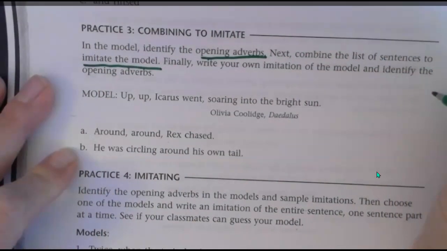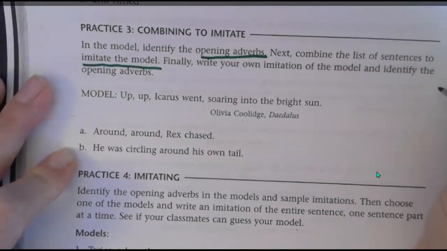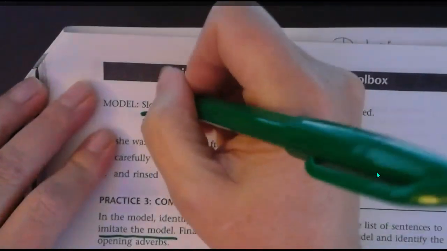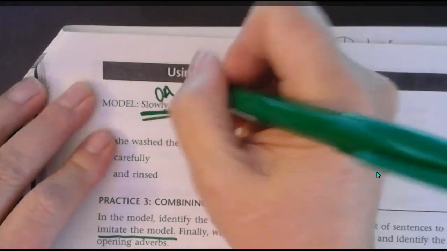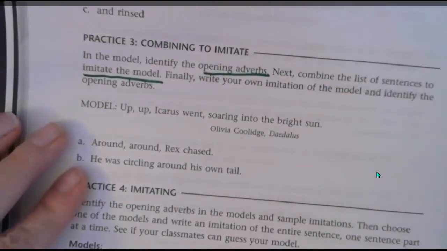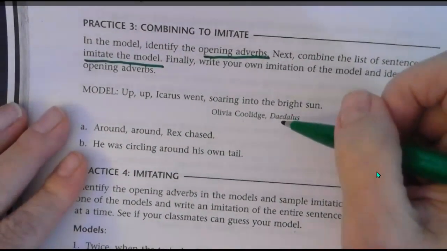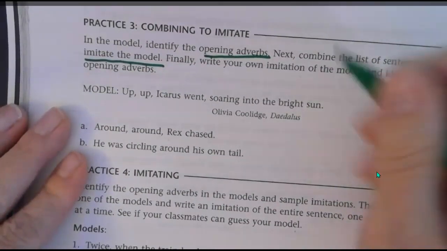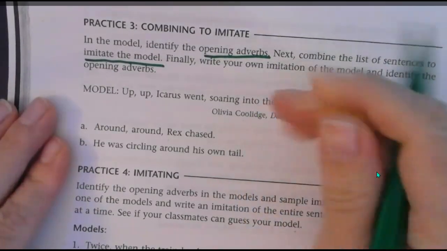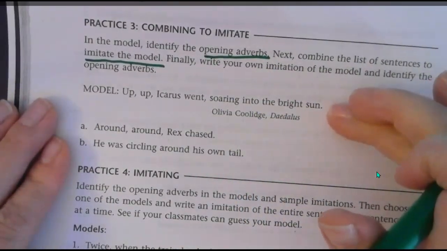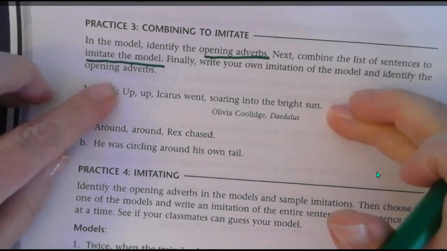Finally, you're going to write your own imitation of the model and identify the opening adverb. So I'm going to put OA for opening adverb because I identified it on the first one. So our model says, "Up, up, Icarus went, soaring into the bright sun." And you're going to take these two sentences and you're going to rewrite them so that it is one sentence that imitates this style. Okay?